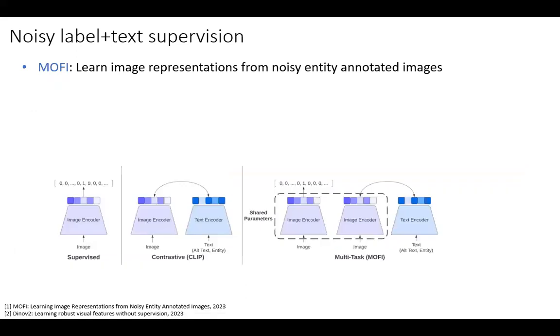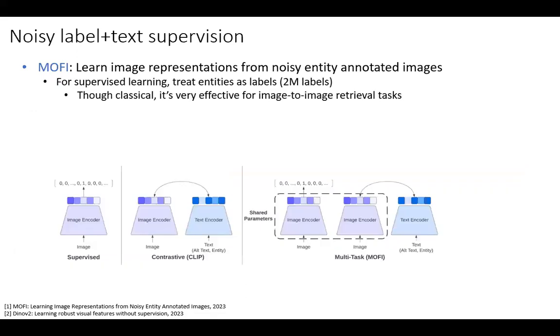So in terms of learning, it's also very simple. For supervised learning, you basically treat the entities as labels. And the only difference is now you have 2 million labels rather than, for example, 20K labels. So though this is a very classical method, it's actually very effective for image-to-image retrieval tasks.